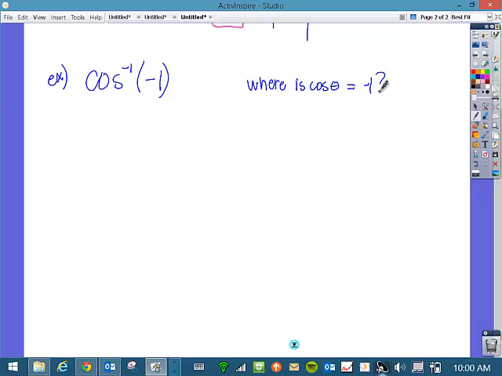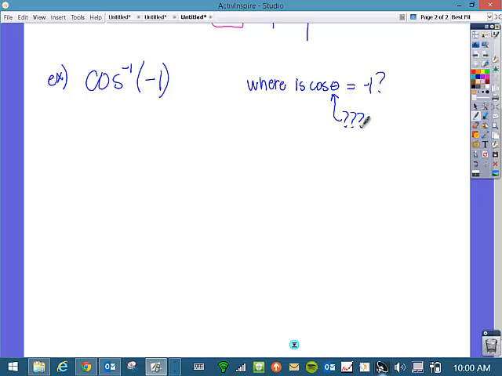Okay, our next one is cosine inverse of -1. So really the question is, where is cosine of theta equal to -1? What is the angle?